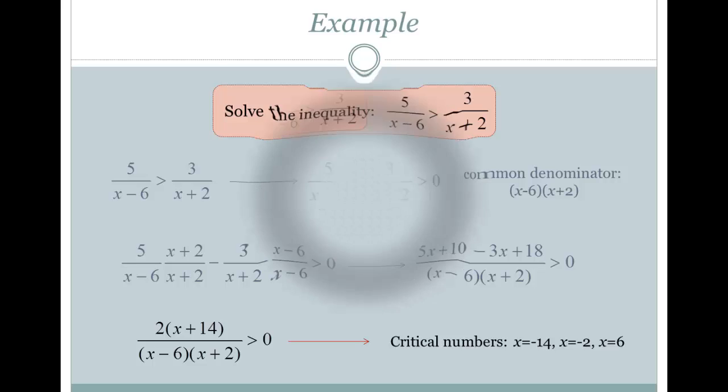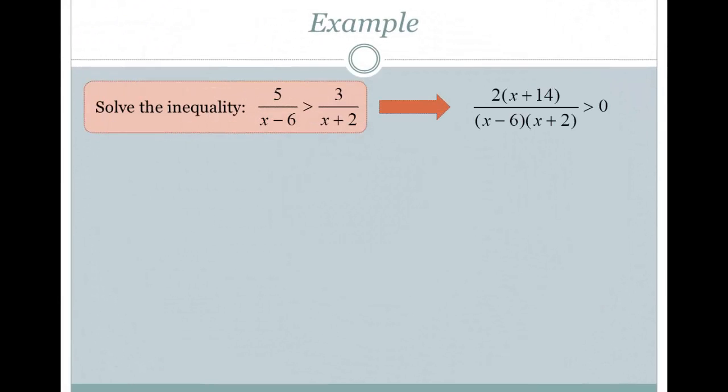And now I want to set up my test intervals like that. Now again, I've got to pick points in these different intervals. So if I pick a point out here, say negative 15, I want to see what happens out there. Let's just look at the sign, because that's what we're primarily looking at.